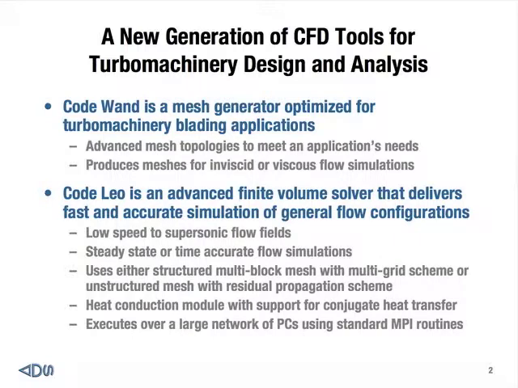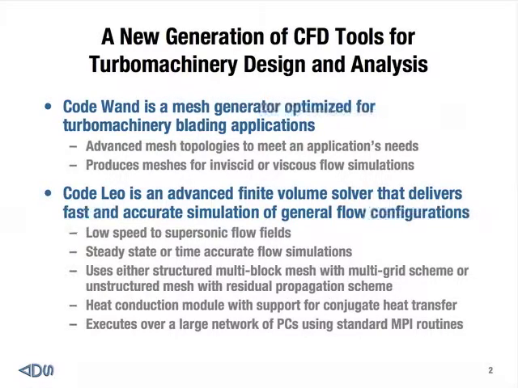In Code Leo, we also have a conduction module we recently developed. The purpose is to do conjugate heat transfer, to mitigate one of the major problems associated with turbomachinery, which is turbine durability.